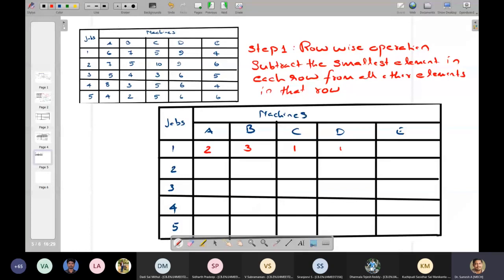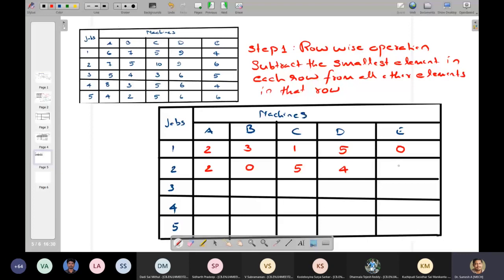Next row, the lowest element is 5. So 7 minus 5 gives 2, 5 minus 5 is 0, 10 minus 5 is 5, 9 minus 5 is 4, 6 minus 5 is 1.